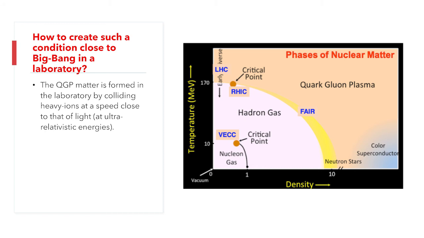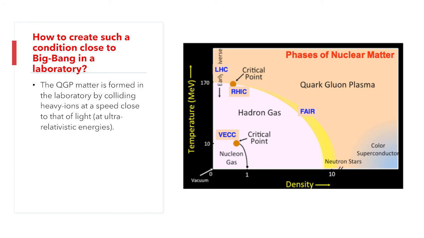In the high density area, the matter changes from neutron gas to neutron star and slowly to quark gluon plasma. We are actually interested in the quark gluon plasma part, because this is the separated state of the particles. And the y-axis is the high temperature.